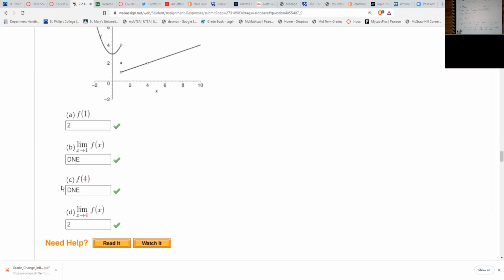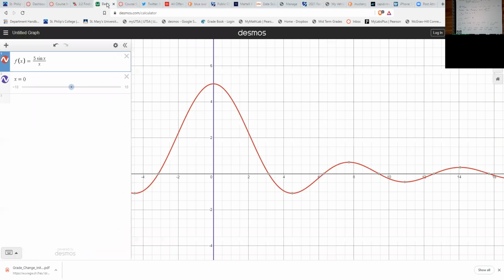But the functional value has a hole in it. I can't actually plug in for 4, right? So there's a hole there, but the limit exists because I can get infinitely close, but never actually get there. I can't actually go there because of the hole. Kind of like this guy over here. Remember we said there's a hole right here, right? But we can approach the 5 from both sides.